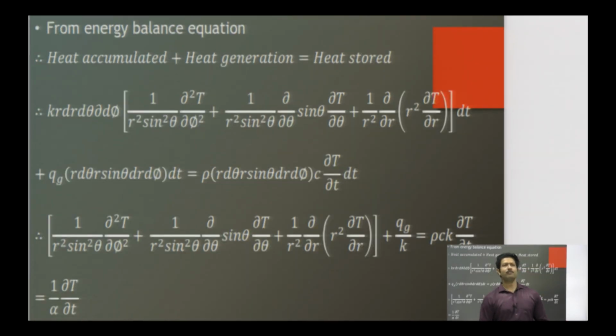From the energy balance equation, again we are on the same page: heat accumulated plus heat generated is equal to heat stored. This is the fundamental of any energy balance.